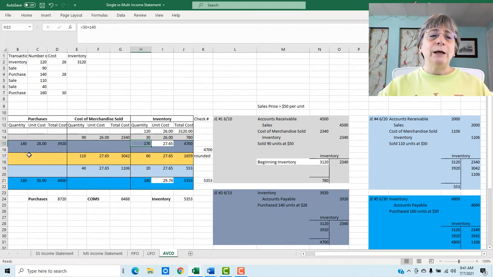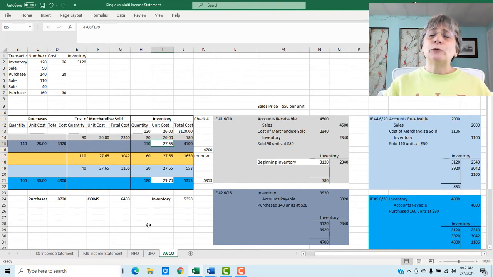We've got 30 plus 140. So we're going to take that balance in our inventory, which is the 780 plus the 3,920, or pulling it directly from our T account, of 4,700. We're going to take our $4,700, divide it by the total number of units that we have on hand, and that's going to give us an average cost of $27.65.